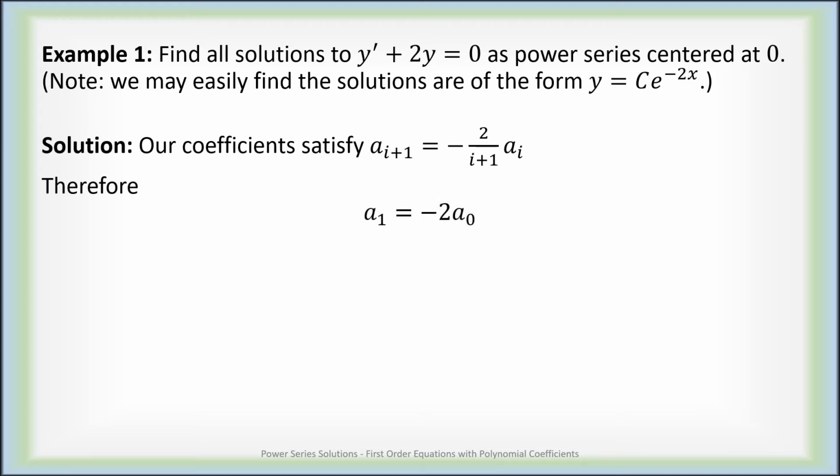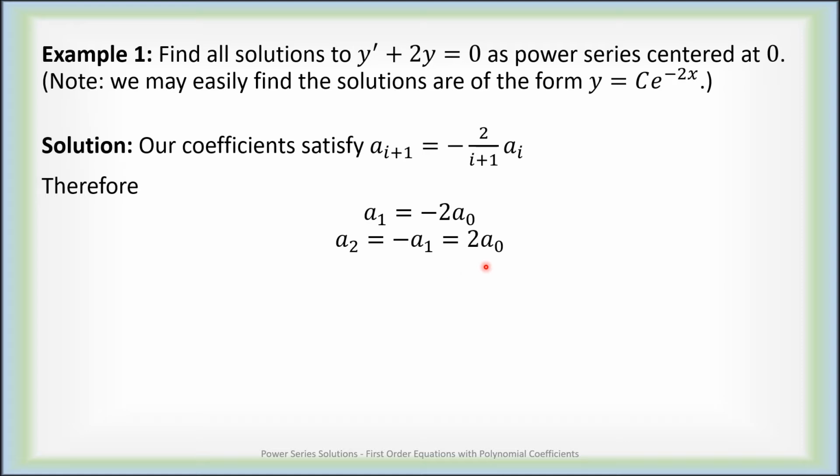Therefore, whatever a_0 is, if I let i be 0, then we get a_1 equals negative 2 over 1, or just negative 2, times a_0. But what about a_2? Well, if I let i equal 1, we get a_2 equals negative 2 over 2 times a_1. So a_2 is negative a_1, but a_1 was negative 2a_0.